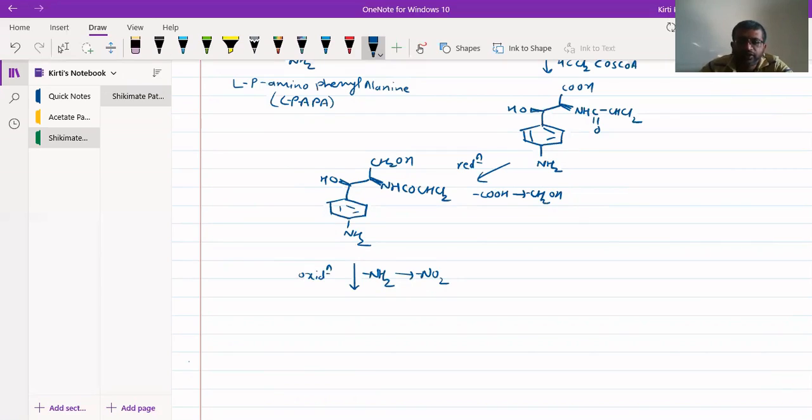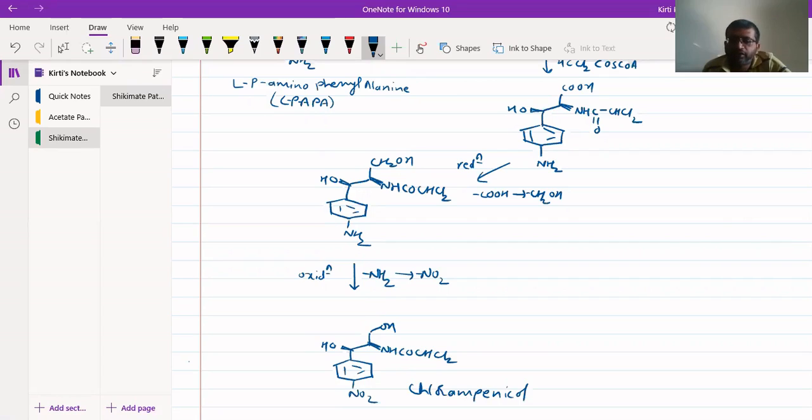This oxidation we get as the last step to generate chloramphenicol. NH, CO, CHCl2, and here we will have an OH. So this is chloramphenicol.